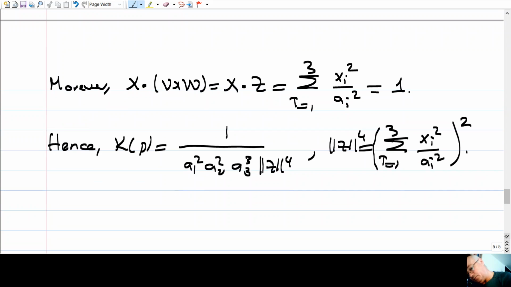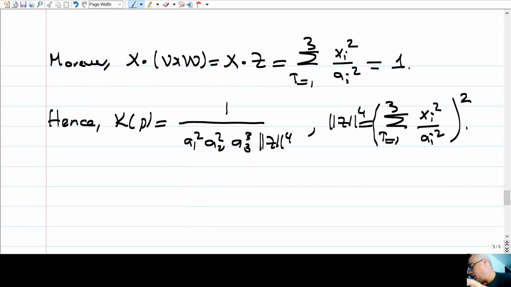Okay. So the Gaussian curvature is given by this at any point.